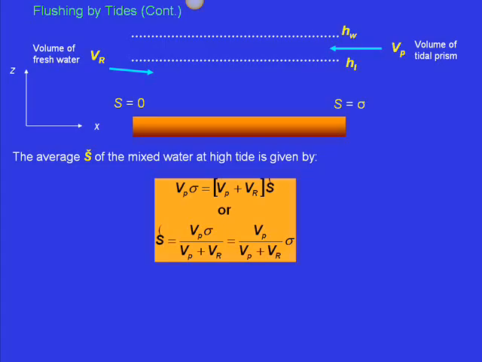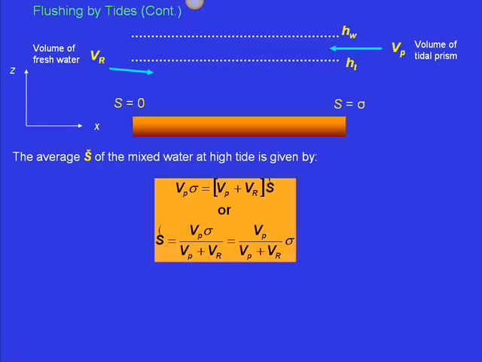In this case, there's very little fresh water volume coming in, so the salinity that comes in is almost the same as the salinity that goes out. So if this is much greater than that one, then this ratio is going to be equal to 1. That makes sense: the salinity of the mixed water will be equal to the oceanic salinity.